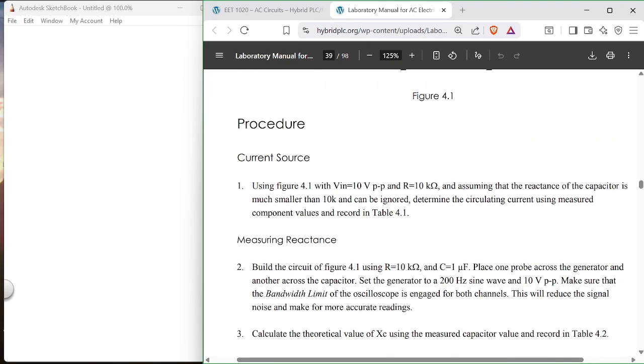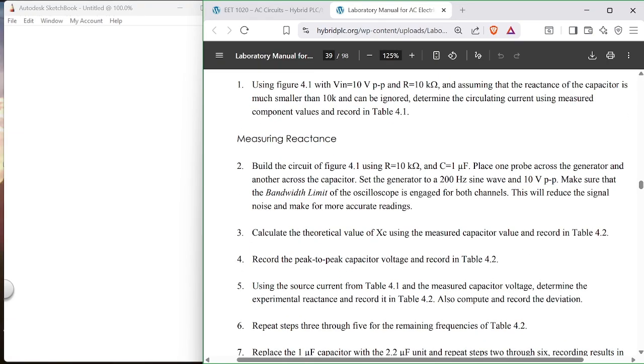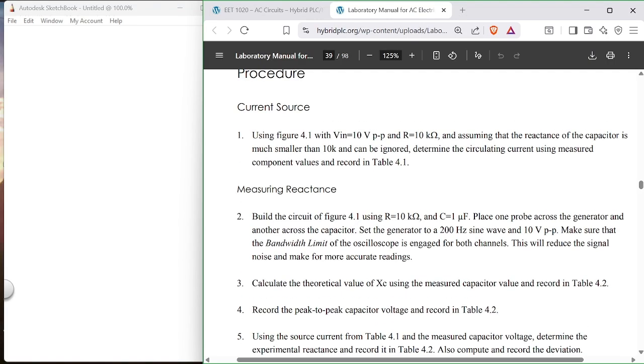But the key to this is this part right here, where you can say, now here, it looks like everything is going to be measured in peak to peak values. So you've got to be careful, but he's saying 10 volts peak to peak, which should be 5 volts peak, which would be about 3.3 volts RMS.